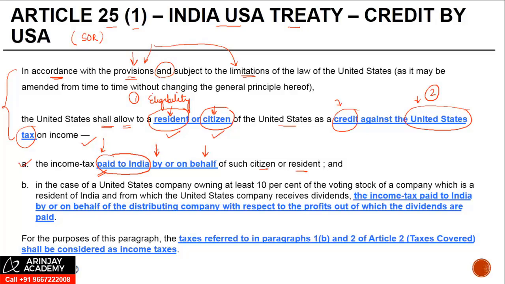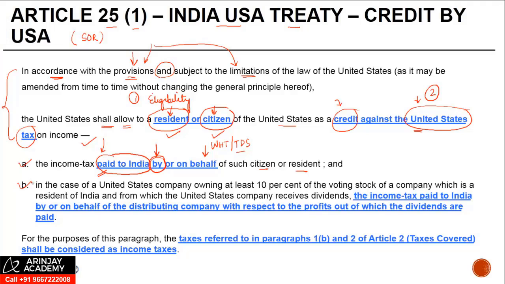And these taxes can be paid by the resident or the citizen directly, which is covered in this word, or even if there is a withholding tax or TDS as you call it, which is applied by the payer and he deposits the taxes to the Indian government on behalf of the non-resident, even for those taxes, he shall be eligible for credit against his US taxes.